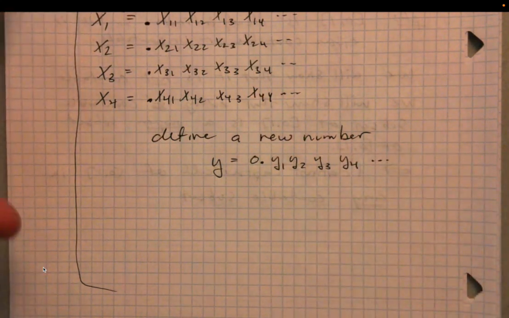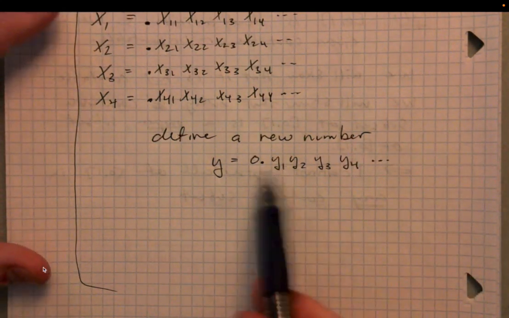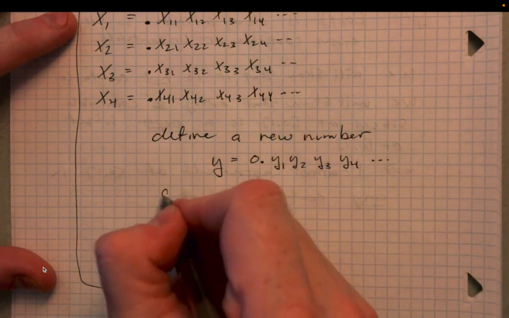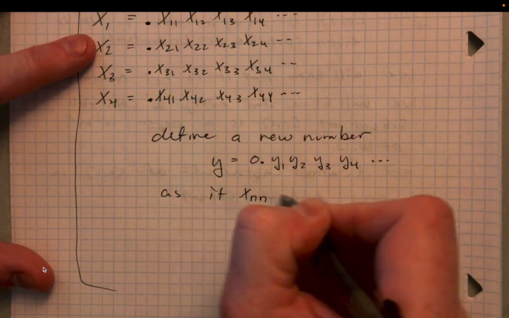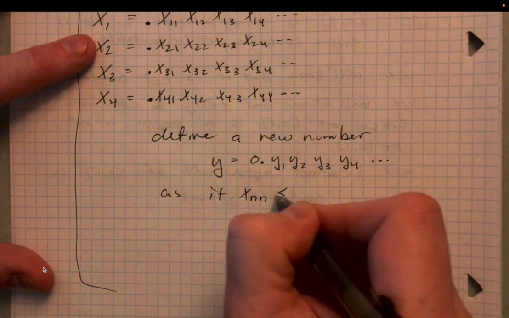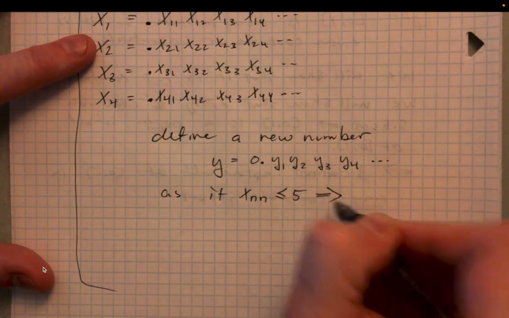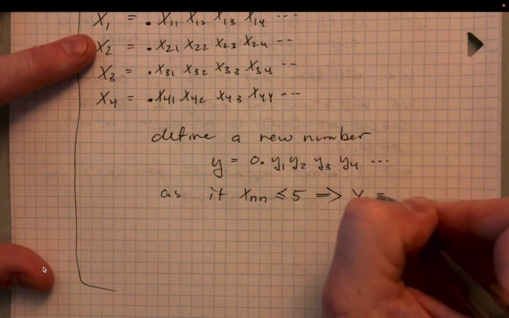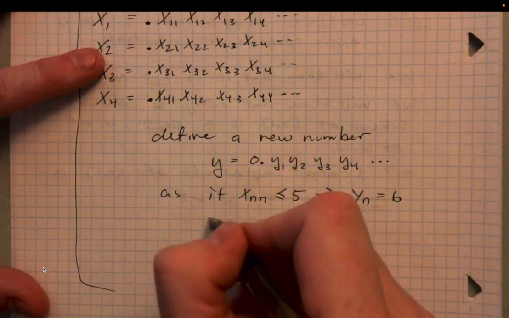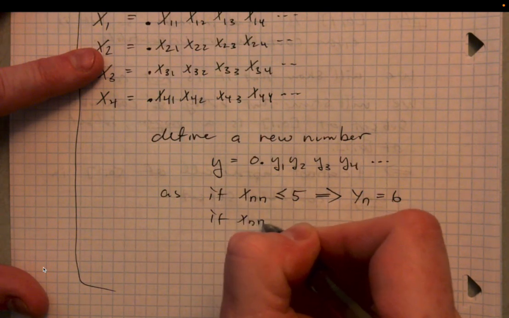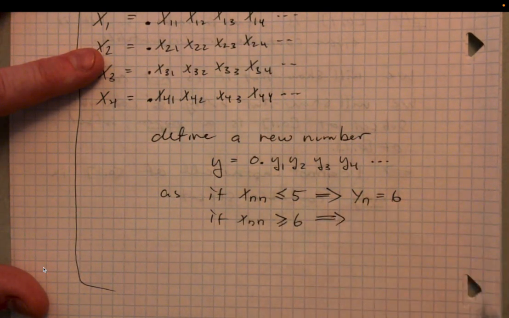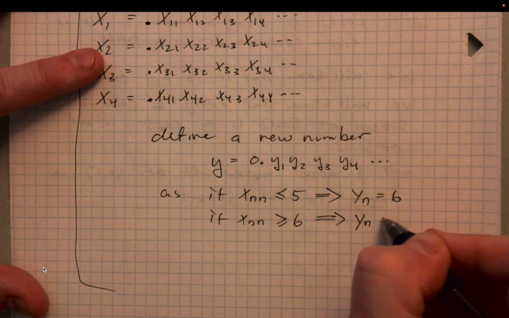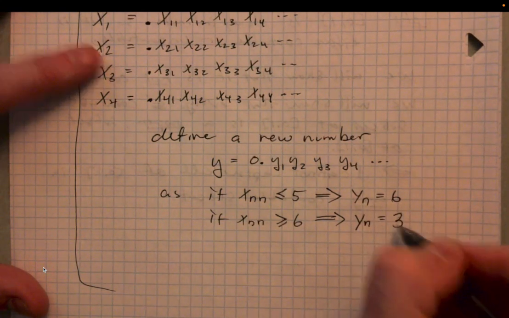Another real number. And how are we going to define it? If xnn is less than or equal to 5, then yn we're going to set equal to 6. And if xnn is greater than or equal to 6, then we'll set yn equal to 3.